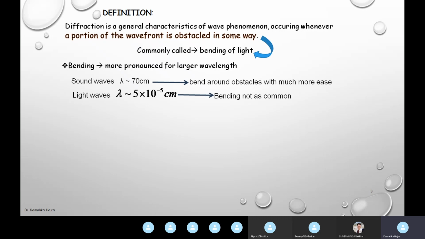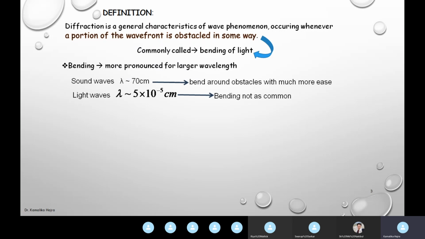There are so many obstacles between these sources of sound and where we, the observers, are sitting. But we can still hear the sound in spite of these obstacles, because sound has a much larger wavelength and can bend around these obstacles with much more ease.